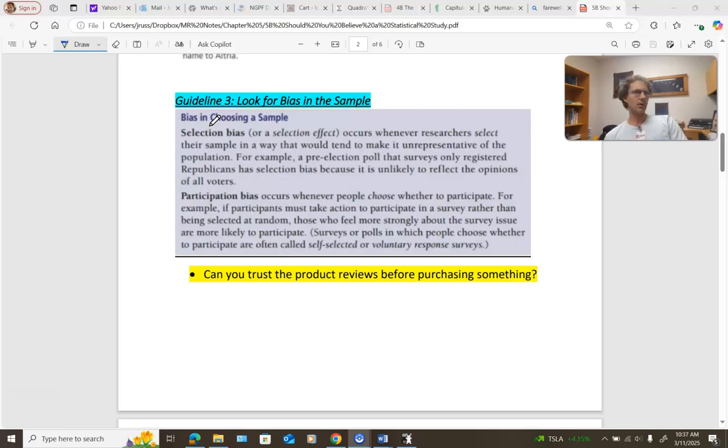If all these political polls are only conducted in urban areas, because it's easier to find people to poll or survey since the population densities are higher, they may not give us the best results, or those samples may not be all that representative of the population because not everybody lives in an urban area. And then the second one here is participation bias. It occurs whenever people get to choose whether to participate.